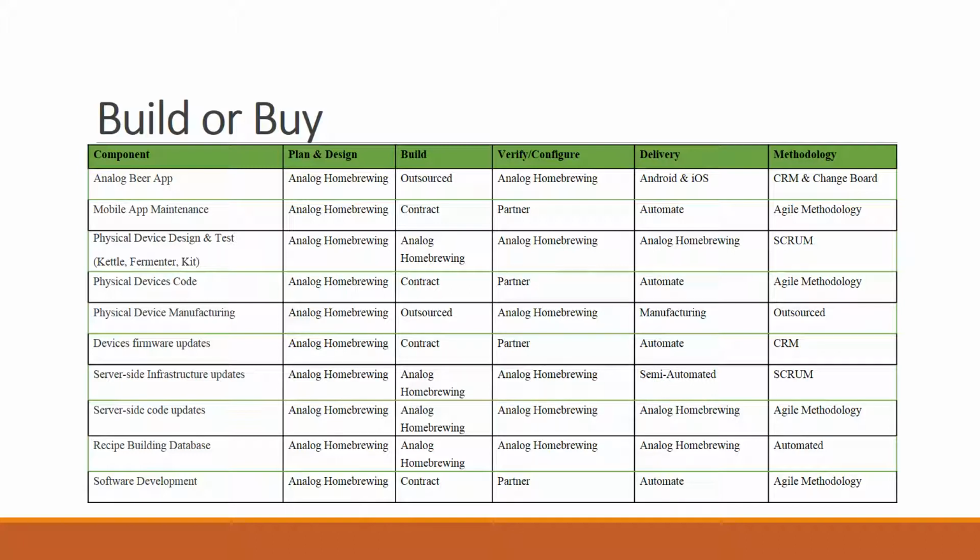The second thing is the maintenance of the app. I think we should have a contract with maybe the same company that's building the app, and then pay them a fee. And then the physical devices, I think we should own the design of it and the testing of it, but we will not be manufacturing it.